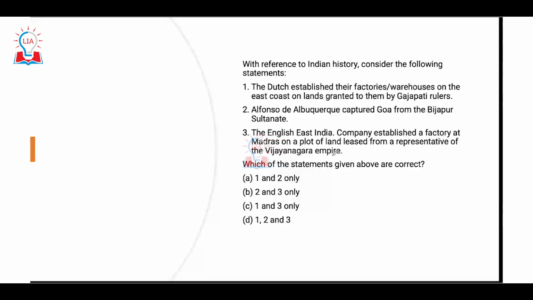Okay, so this is the question that is asked, which will demand you to know a part of medieval history, because here we're talking about Vijayanagar Empire. It asks you a part of modern history also, that is the advent of Europeans, where we're talking about Portuguese and also Dutch. Okay, and see this, though this question looks like a very difficult one, but you just eliminate one statement and you are very much near to the answer. So here in this question, you just have to eliminate one option, and that option, what is that option?